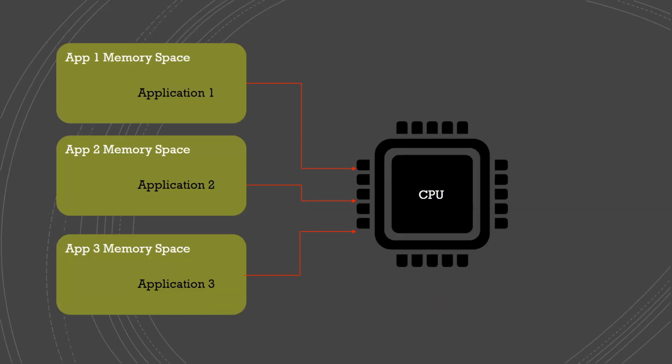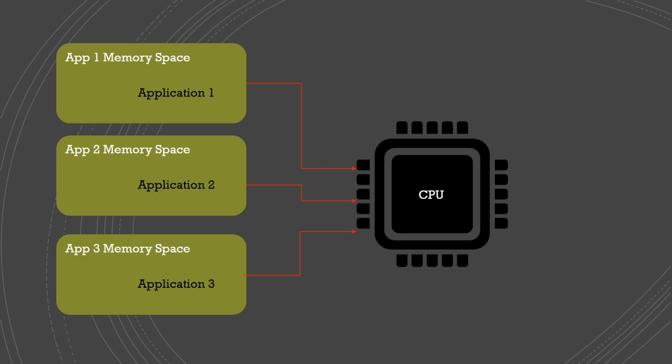Okay. Now, if we look at multitasking, when two applications, or three applications, as you can see in this graph, are running on your computer, they don't share memory with each other, right? When an application starts, it asks the operating system to reserve some memory space, and the operating system will then portion a little memory to the application, and under normal circumstances, applications will not interfere with each other's memory.